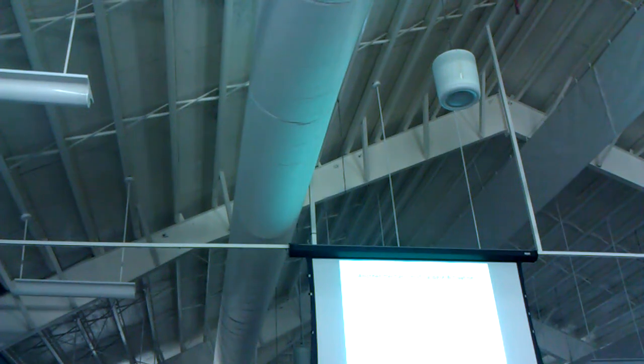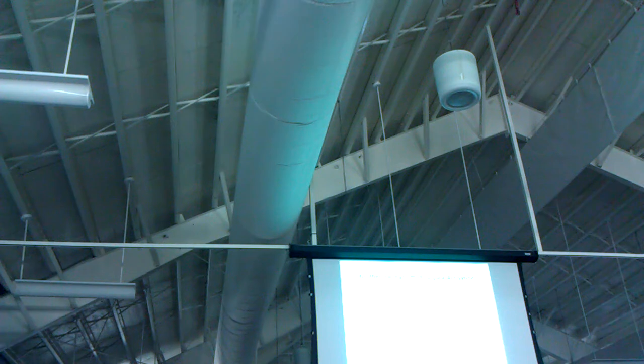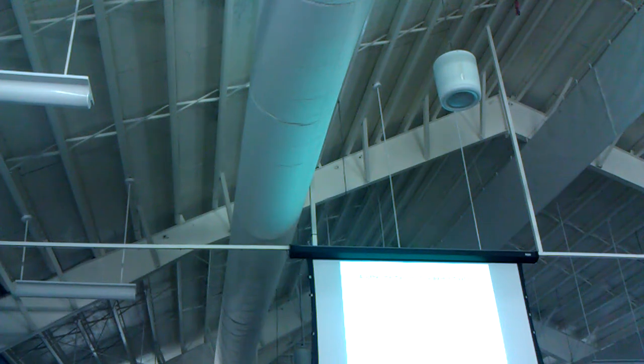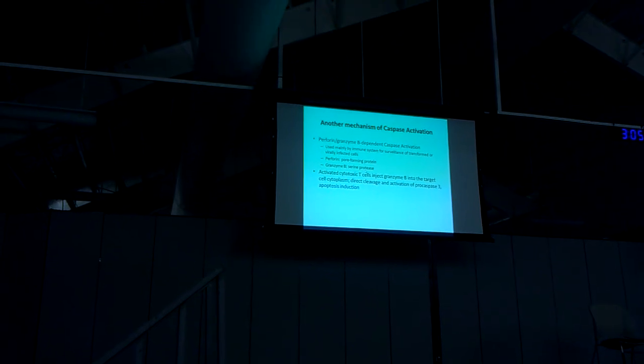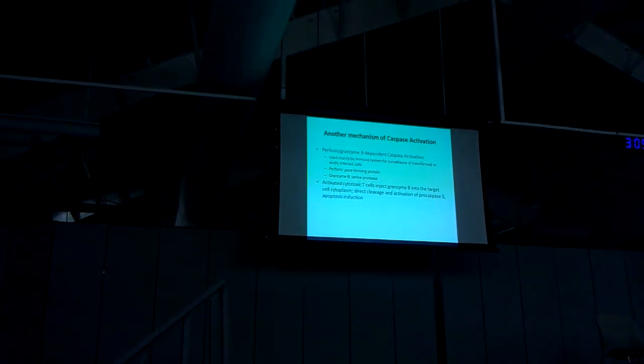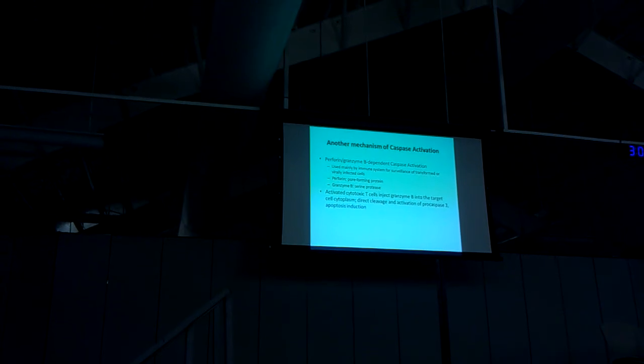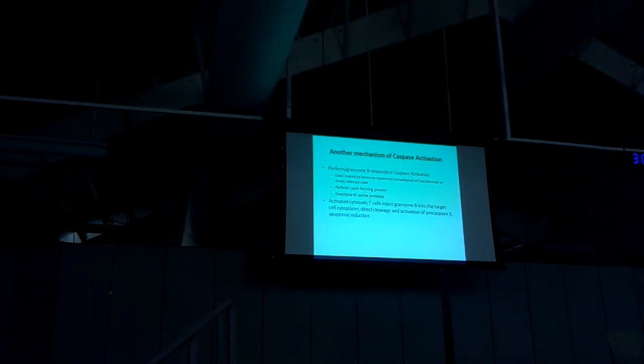Now, last class I mentioned how a killer T cell or an NK cell is able to eliminate cancerous cells or virally infected cells by releasing perforin, which is going to poke a hole, and they also release granzyme. You can see here granzyme B is a serine protease. These are just different ways that a killer T cell is able to turn on apoptosis.